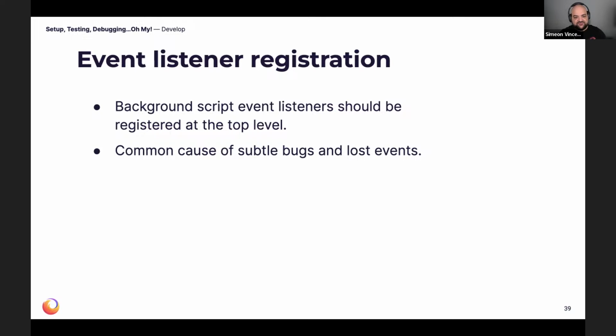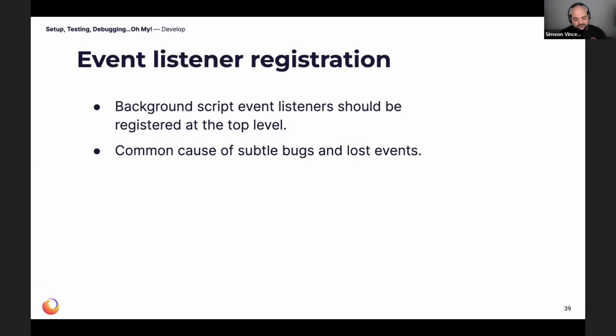And if you are not registering the event listener at the top level, Firefox can't necessarily know that the extension is prepared to receive that message, and therefore it won't start it.